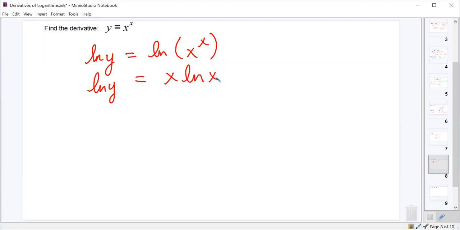Exactly. And now on the right-hand side, do we have a function that we know how to differentiate with respect to x? Yep. We would use the product rule, right? And then we use our log rule within it. Yep. What about natural log of y? Can we differentiate that with respect to x?